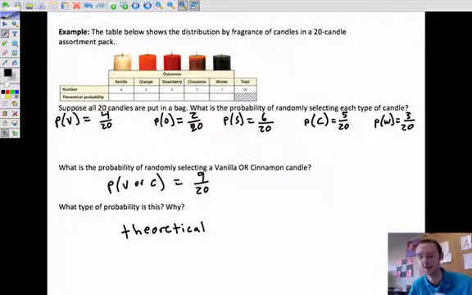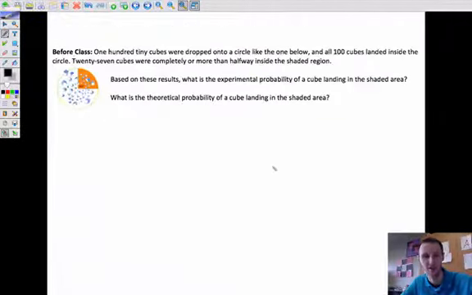We haven't actually taken 20 candles and seen, you know, what are your chances of drawing vanilla, for instance. Okay, so since we haven't actually done the experiment or the trials, it's a theoretical probability, because it's what we would expect to happen, but we haven't actually tested it.